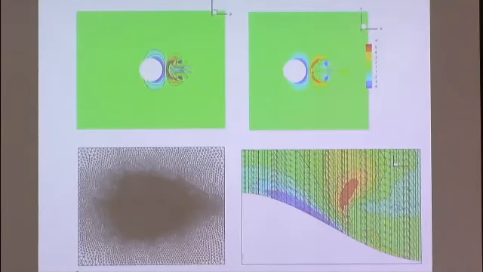What you can see here is a comparison of a selection of data from the horizontal cut, and the comparison on the prismatic meshes and on the fully tetrahedral meshes is still quite good.